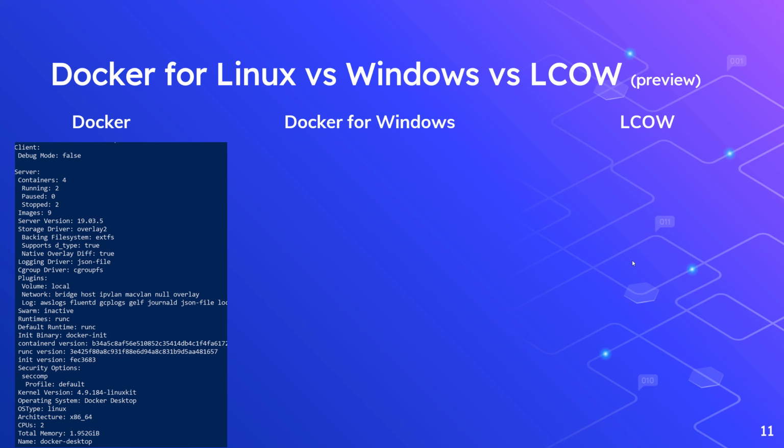As you can see, if you install Docker right now by downloading it, it is going to run Docker for Linux by default, and it's going to run a Linux operating system in here.